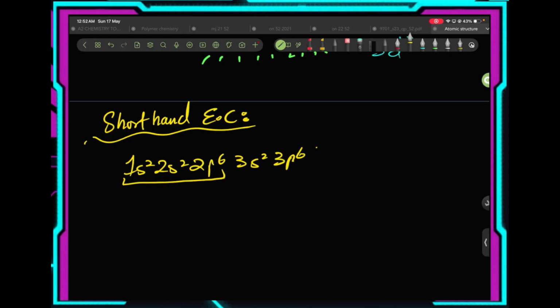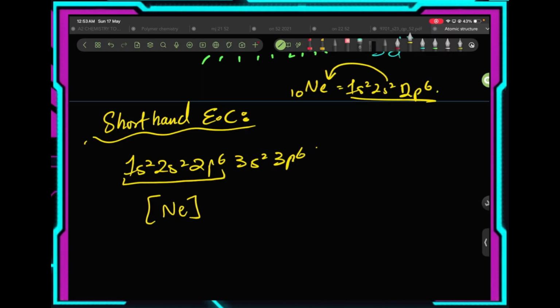And who is that, by the way? That's neon. That would be neon. Yeah. So in order to skip writing this, you write neon instead. Now if we do the electronic configuration of neon itself, it is 1s2, 2s2, 2p6, right? So we're just replacing this whole section of the electronic configuration with neon.